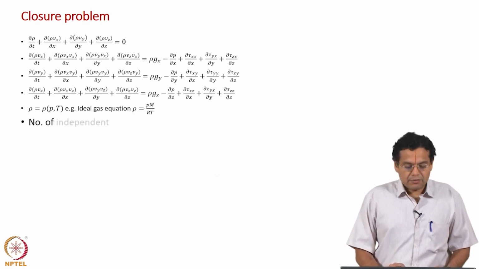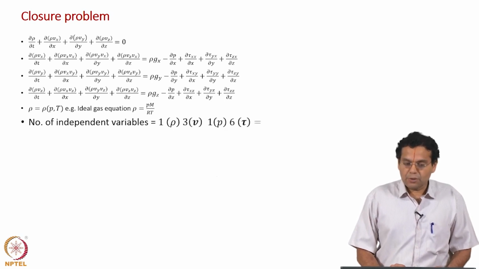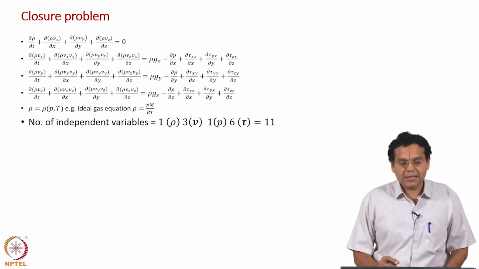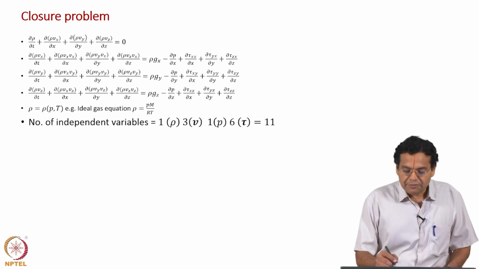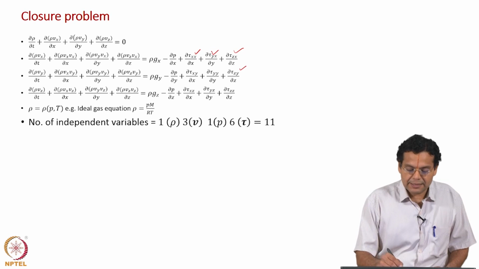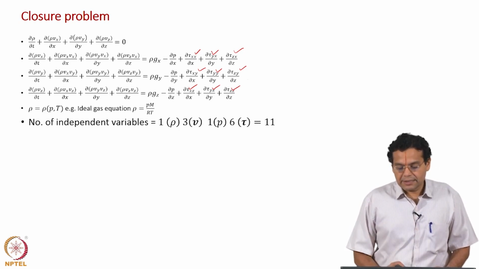What are the number of variables? We have rho, one count. Velocity is a vector, so 3 components are there, which adds 3 more variables. We have pressure, 1 more variable, and then we have the 9 components of the viscous stress tensor. But we proved that the cross shear components are the same, leaving us only with 6 independent viscous stress tensor components.